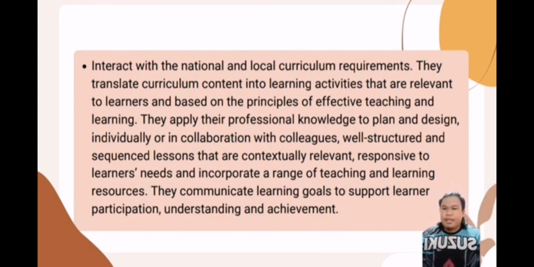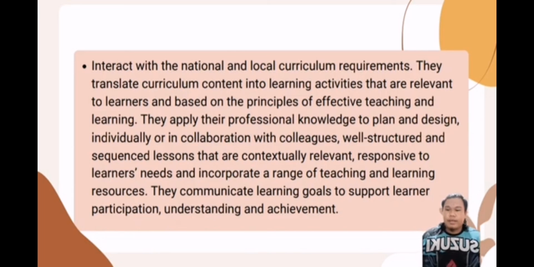This time, the teacher must follow what is given in the curriculum. For example, in the K-12 curriculum, it was written there the learning standards, content standards, learning materials, and so on, that can be used by the teacher in terms of planning, or should I say the lesson plan, wherein it provides activities, performance tasks, and assignments that can be done by the students.